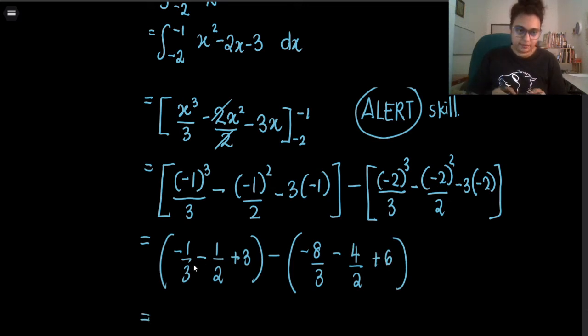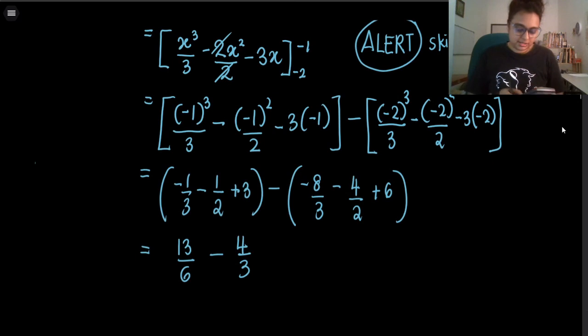Negative 1 over 3 minus 1 over 2 plus 3. You also key in together in your calculator to see whether you also get the similar answer or not. Key in together with teacher. So minus negative 8 over 3. Teacher is putting bracket for each because I don't want any mistakes from my part. I just want to make sure everything is accurate. Minus 4 over 3. Let's check here. What is our final answer? 13 over 6 minus answer.